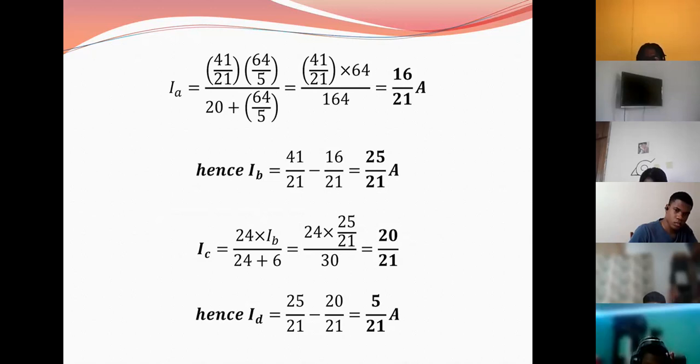So for IA, remember we are dividing between 20 and the rest of the circuit. All right, so we have the current IT times the other resistance over the sum. So we get 16 over 20 over 21.